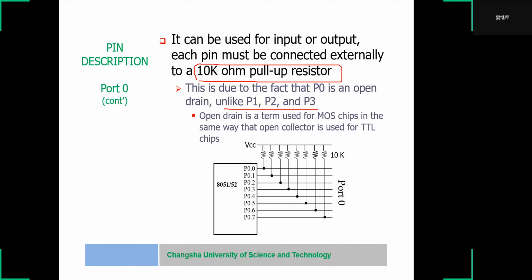Open drain is a term used for MOS chips in the same way that open collector is used for TTL chips. It's the difference between P0 and P1 to P3. So it is special for P0. You need to use a 10K ohm pull-up resistor.